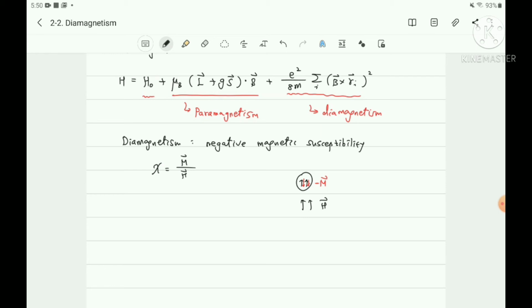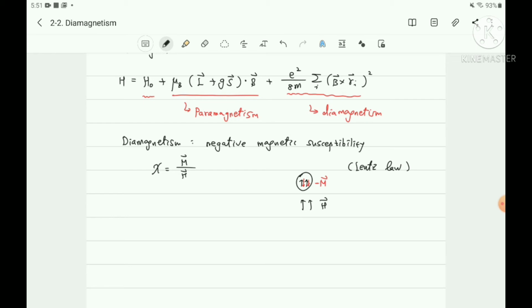It is the Lenz law. The reason for the negative magnetic susceptibility is the Lenz law. As I discussed previously, when you apply a magnetic field to the sample, the magnetic field energy increases, and in nature they do not favor increasing the energy.